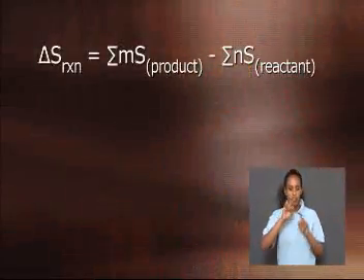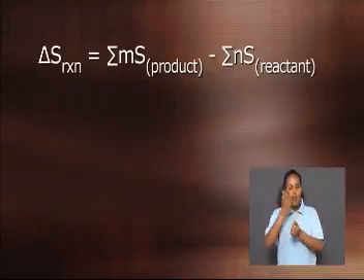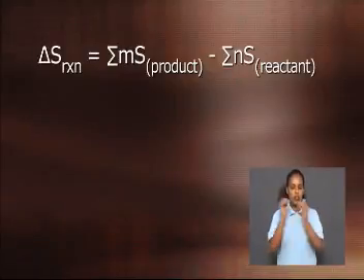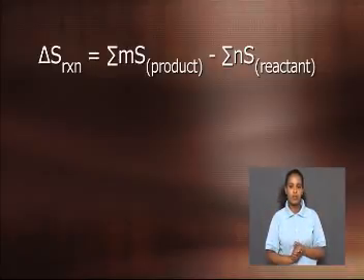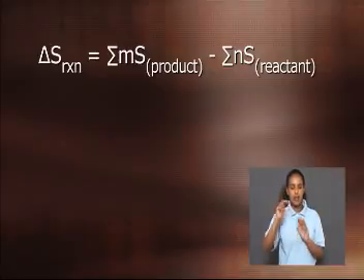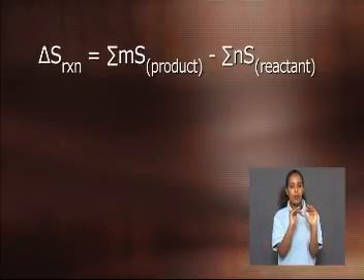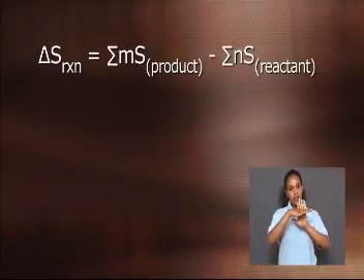The entropy change for a chemical change is equal to the sum of the entropies of the products minus the sum of the entropies of the reactants. In this equation, M and N represent the amounts of the individual species represented by their coefficients.